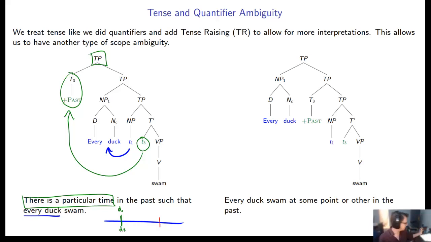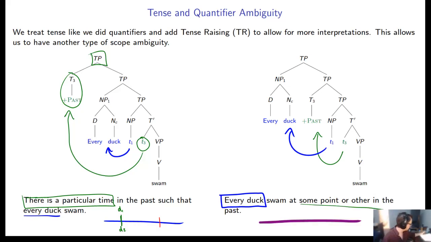In the other version of the sentence, first, what we might do is we might move tense up first, and then we move up every duck afterwards. So in this case, we focus on every duck first, and then our second priority is the time. So in this particular case, in our timeline, let's say this is now, we might have different spots for different ducks.